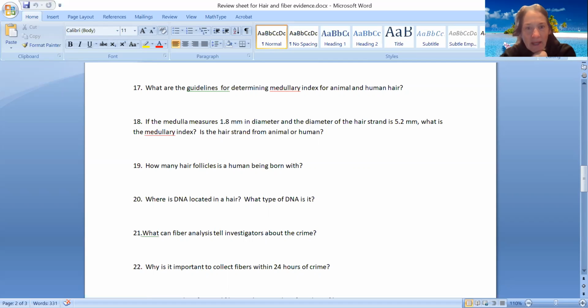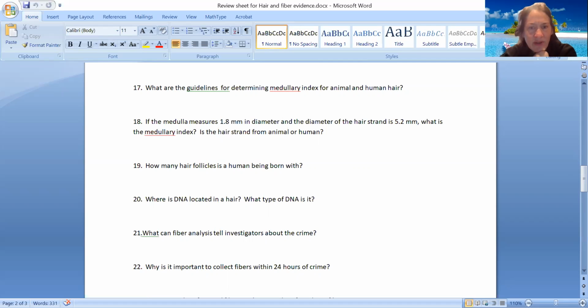Okay. Next one. What are the 3 stages of the life cycle? Anagen is the first stage, lasting about 1,000 days. Then catagen and telogen. So make sure you know those. Next one.